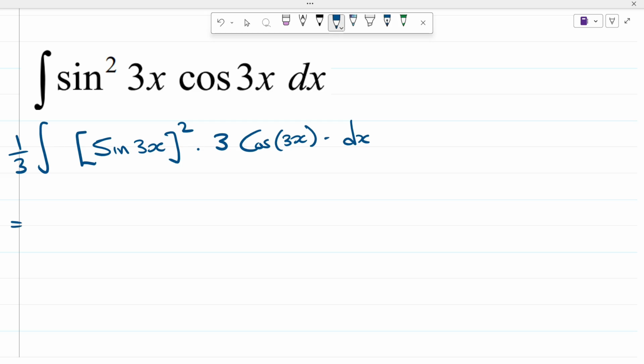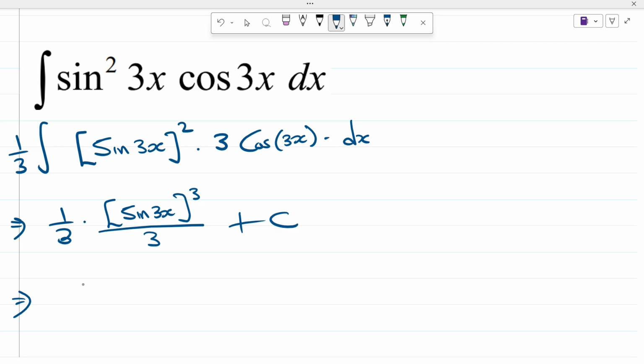So the answer for this is just going to be 1 over 3 and then sine 3x to the power of 2 plus 1, that's your 3, divided by 3 plus c, and then you multiply it out there, that's going to be 1 over 9 sine cubed of 3x plus c.